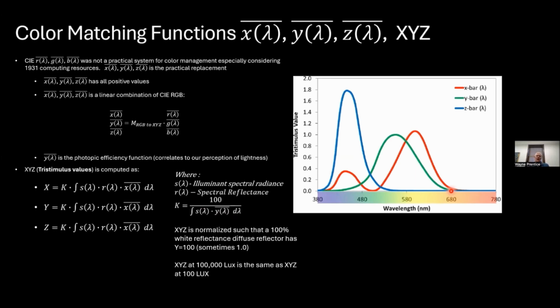So the idea of normalizing it is, remember that slide before which showed the color checker under the different light levels? Well, by normalizing it, it says that a 100% diffuse reflector has value 100, regardless of whether it's under a very bright environment of 100,000 lux on a ski slope on a sunny day, or in your basement underneath a tungsten light. So it normalizes out the light level.